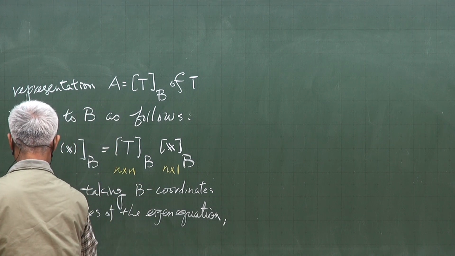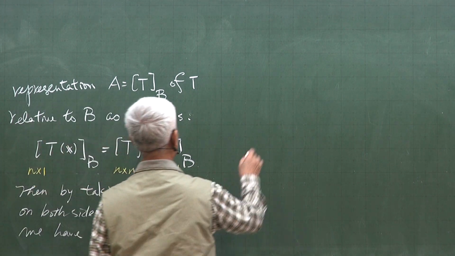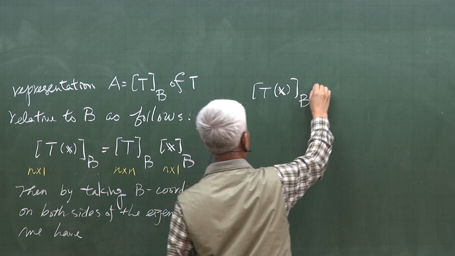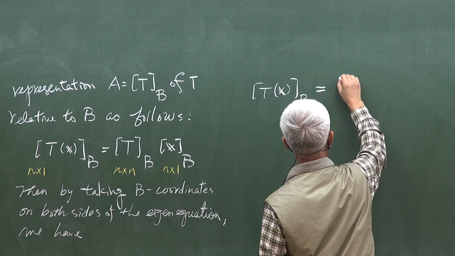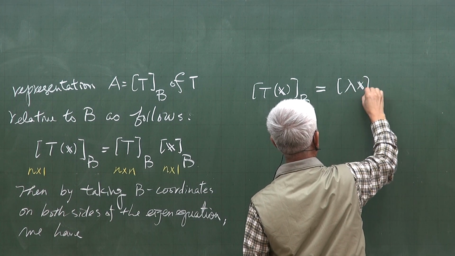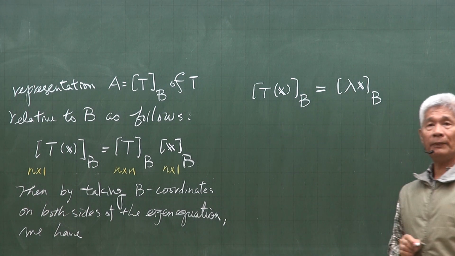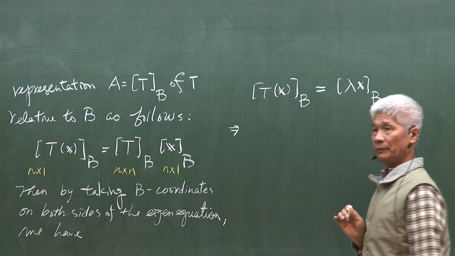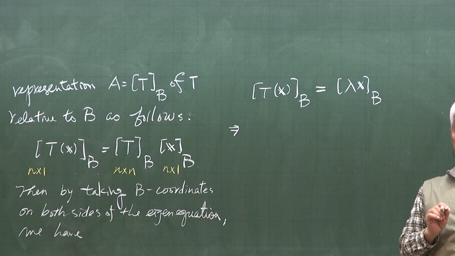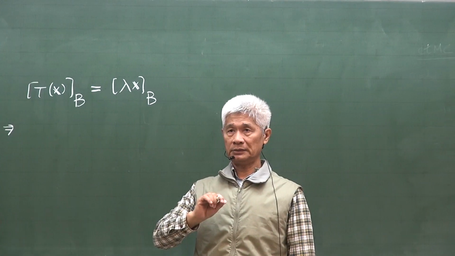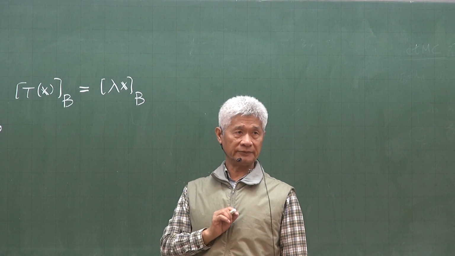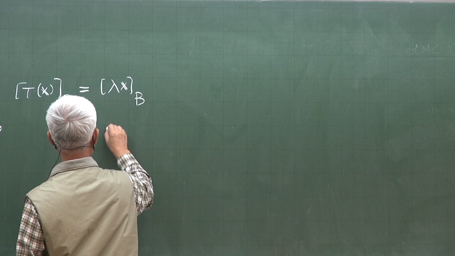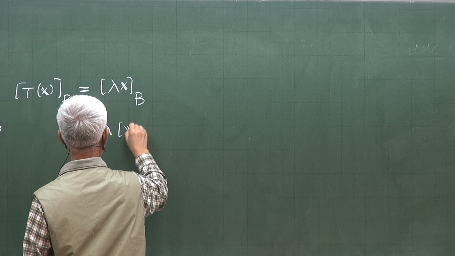But we know taking the B coordinate is actually an isomorphism, so it's a bijective linear transformation. And so lambda, being a scalar, is linear in particular.